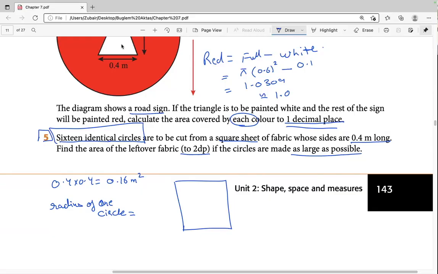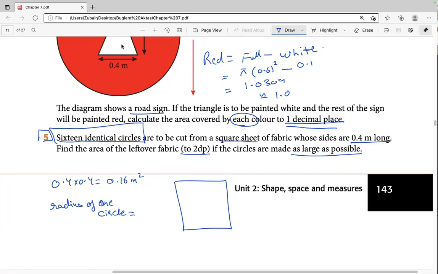Are you still working for the radius? Yes. Okay. Zero point one.